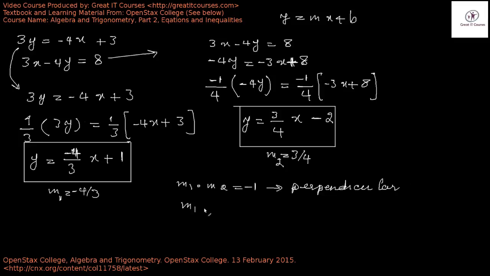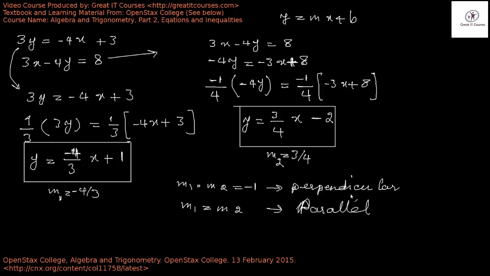If m1 is equal to m2, then the lines are parallel. And if none of these is the case, then we would say neither. It's neither perpendicular nor parallel.